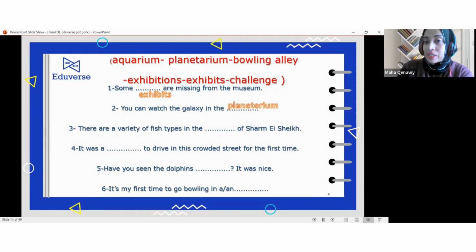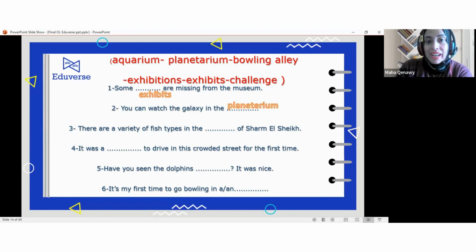Yeah, in the planetarium. That's right. It's something like a round building in which you can watch films related to space, astronomy, and so on. It's an amazing place, and I strongly advise you to visit it one day.